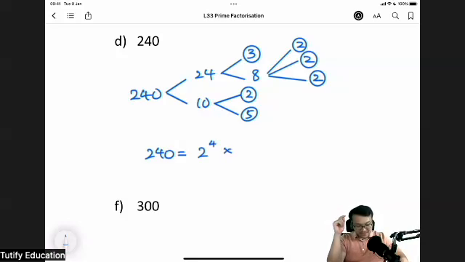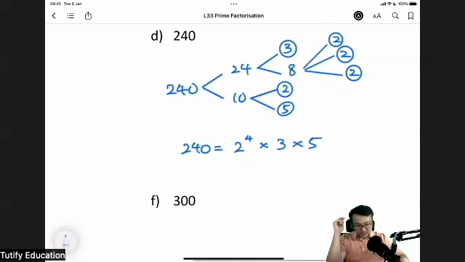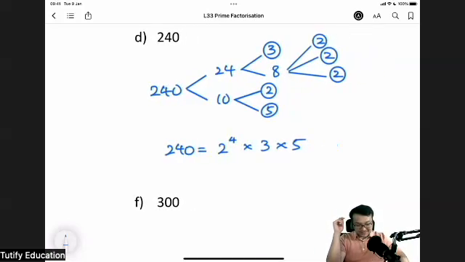Yes, correct. Times 3 times 5. Very good. So there's no need for the power for 3 and 5. Good job, Wuyon. If you want, you could say 3 to the power of 1, but you don't need to. It's just a waste of time.